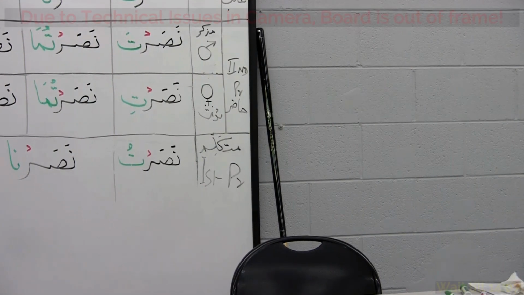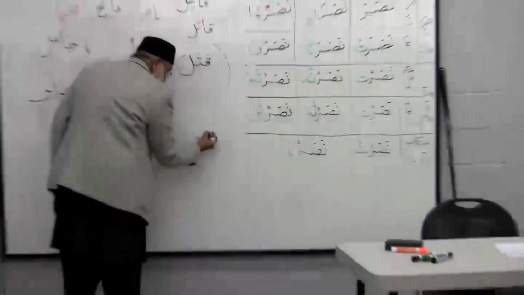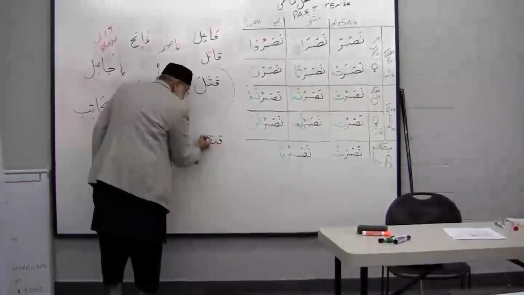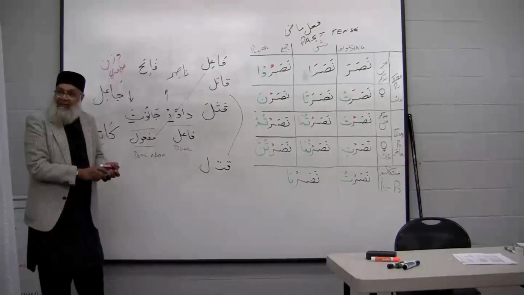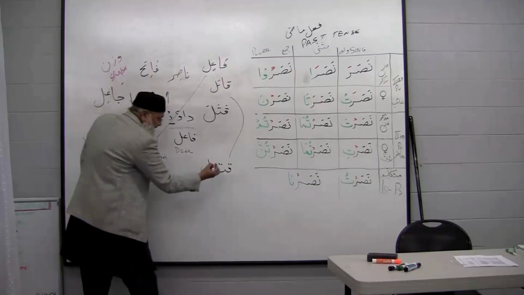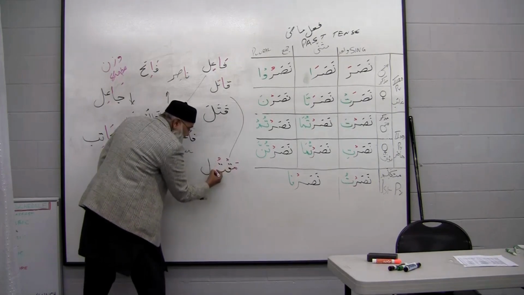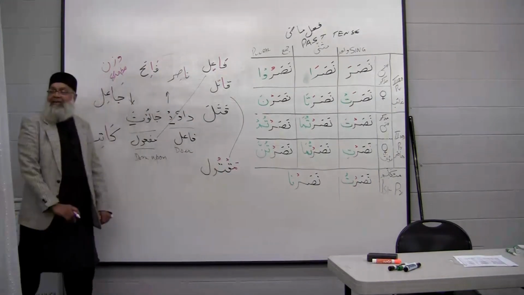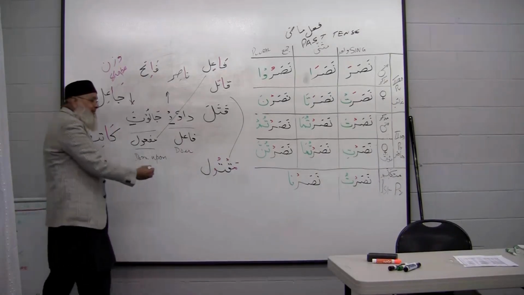Fa'il, maf'ul, then we take this one. Okay, these are the root letters. Now I'm making this shape. You know how the word is formed? Maqtul. Now in the same shape will come all Mansur.